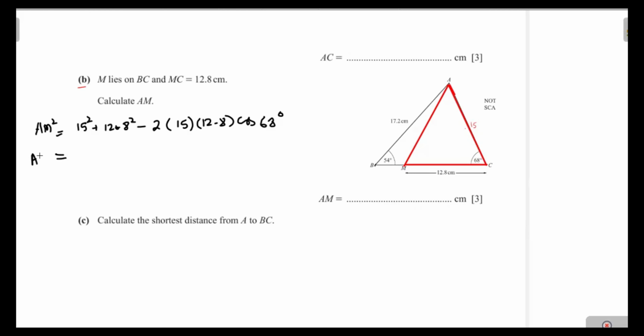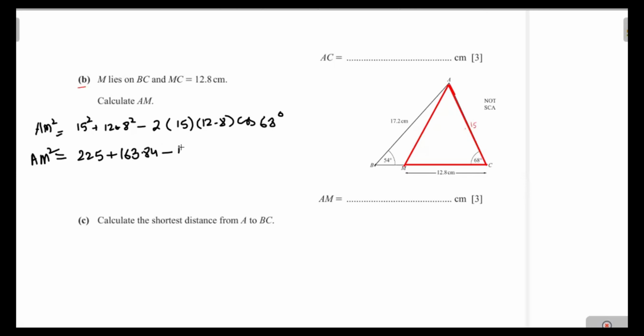AM squared will be equal to 15 squared is 225 plus 12.8 squared, this will be 163.84, minus 2 multiplied by 15 into 12.8 into cos 68.